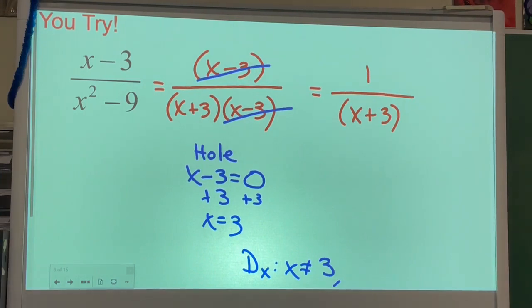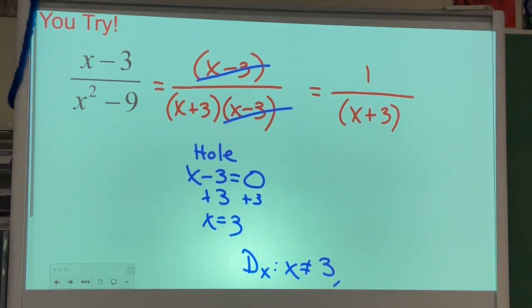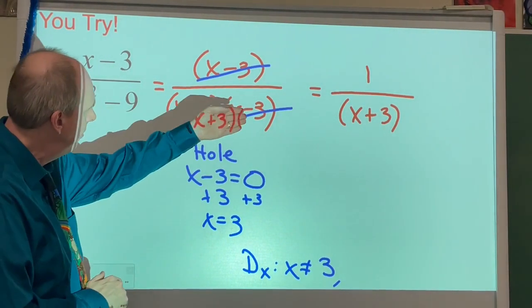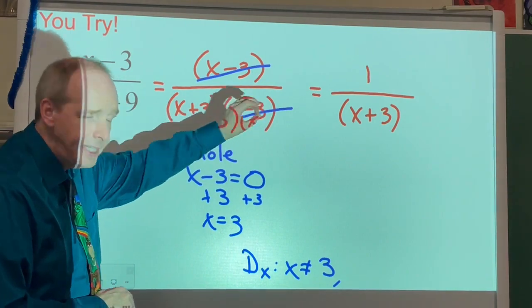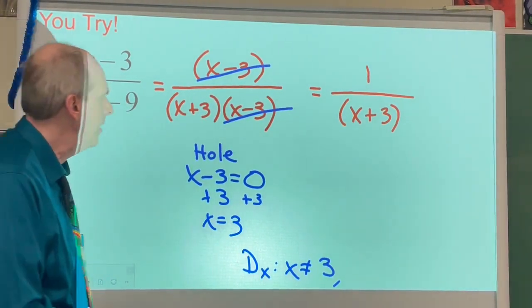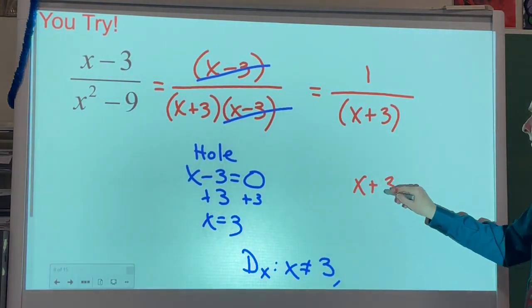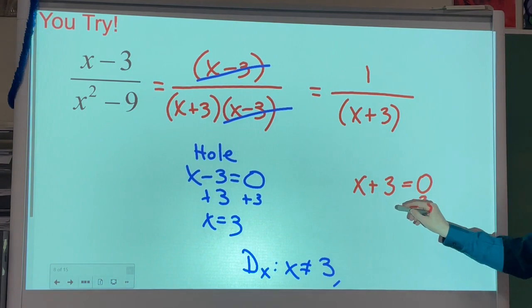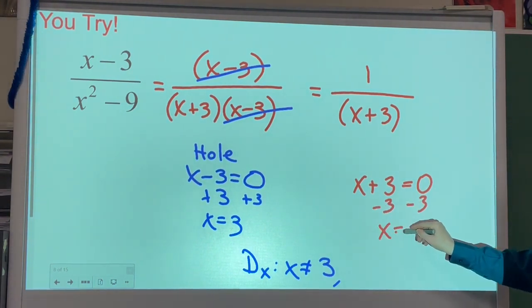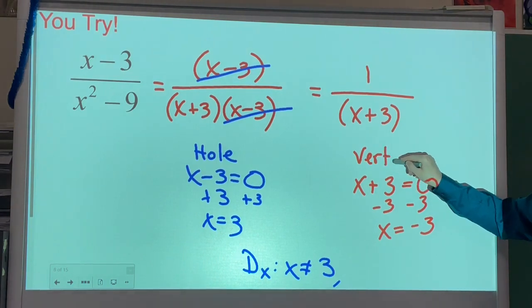Is there anything else in the denominator down on the bottom where we can't have 0, right? That's the whole reason we're doing this, because we can't plug numbers in and get 0. 3 minus 3 would give us 0. You can't have 0 on the bottom. Is there anything else? Well, yeah, this here, x plus 3, set it equal to 0. x is negative 3, a vertical asymptote.